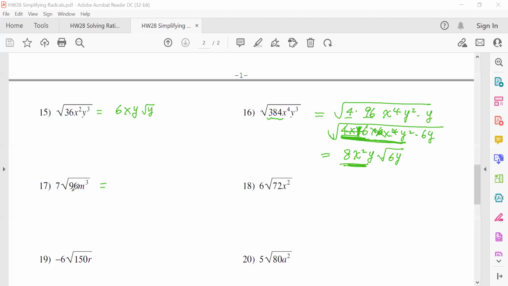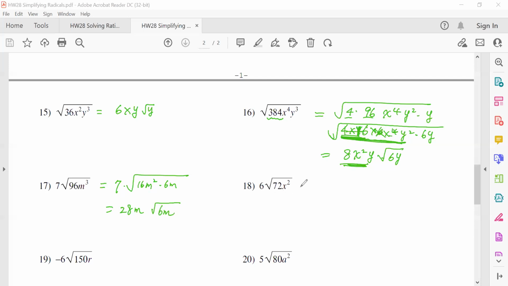With 96, we got 16 times 6, right? So 7, we just copy this one. This is 16 m squared times 6m. Right here, 96 m cubic. So here take is 4m times 7. So became 28m square root 6m.